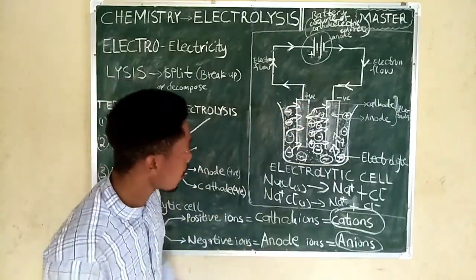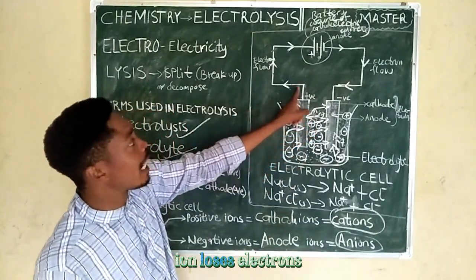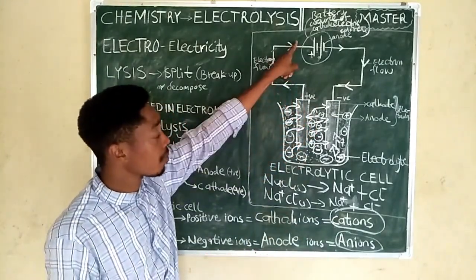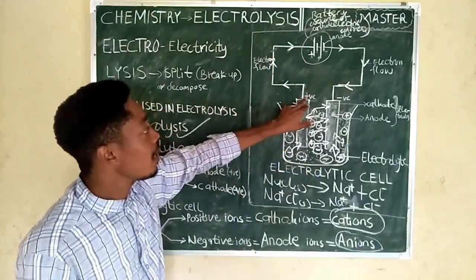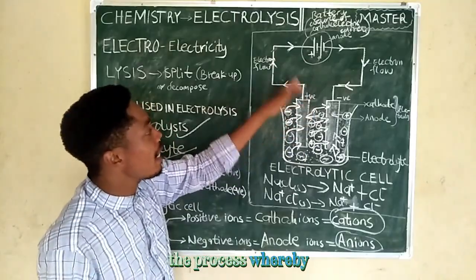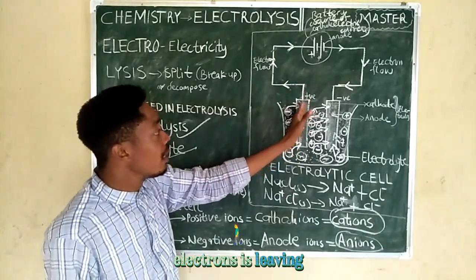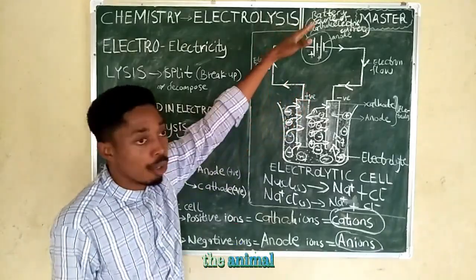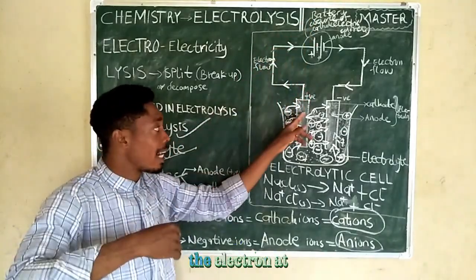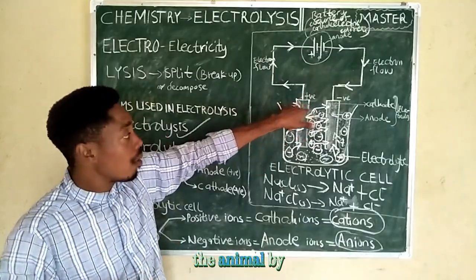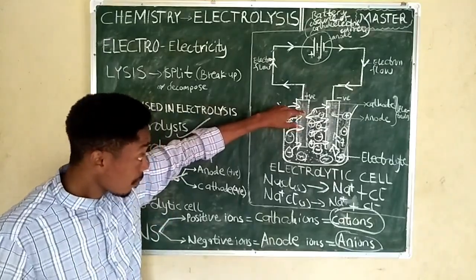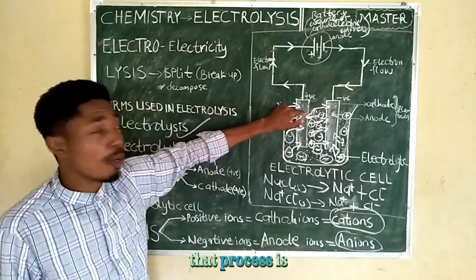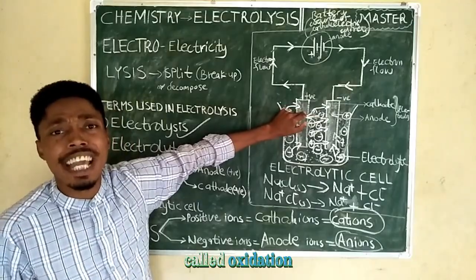Take note. As the anion loses electrons at the anode, electrons are leaving the electrolyte through the anode. That loss of electron at the anode by the anion, that process is called oxidation.